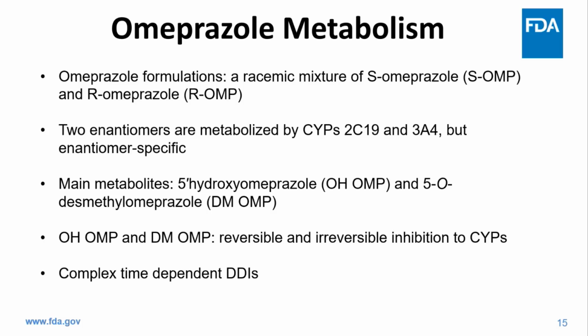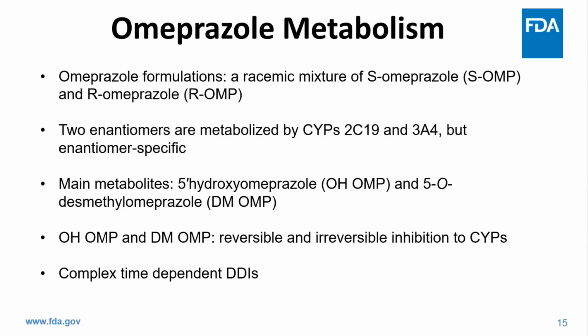Two of the main metabolites produced by CYP2C19 enzyme-mediated clearance of omeprazole were 5-hydroxyomeprazole, in short OH-OMP, and 5-O-desmethylomeprazole, in short DM-OMP.